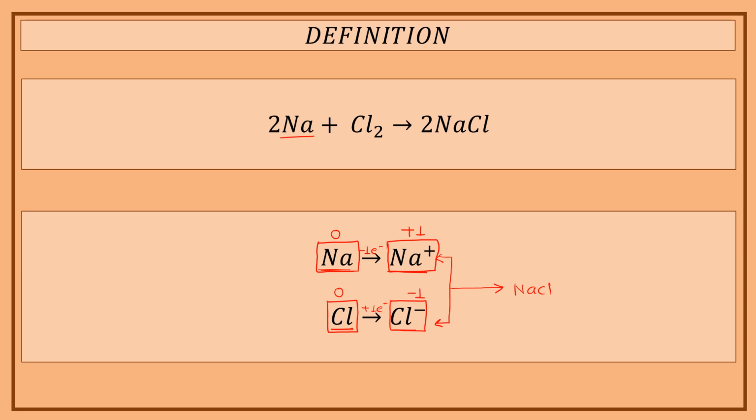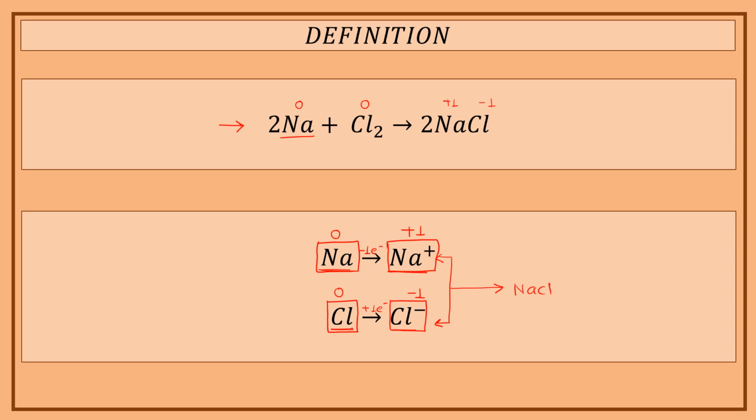Let me assign these numbers in our chemical equation. Before the reaction, the sodium atom has 0 charge and the chlorine atom also has 0 charge. After the reaction, in the compound NaCl, the sodium atom has +1 charge, while the chlorine atom has -1 charge.